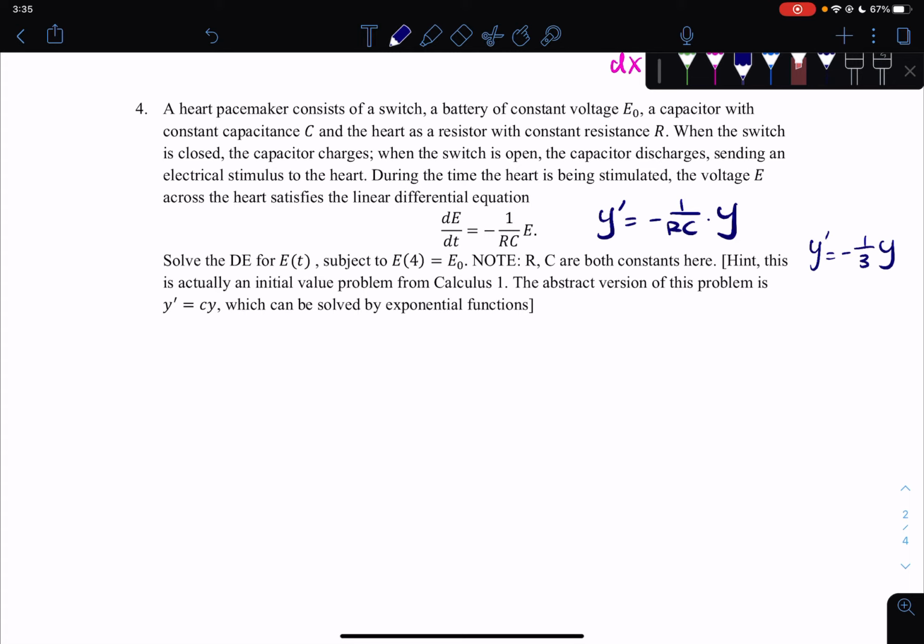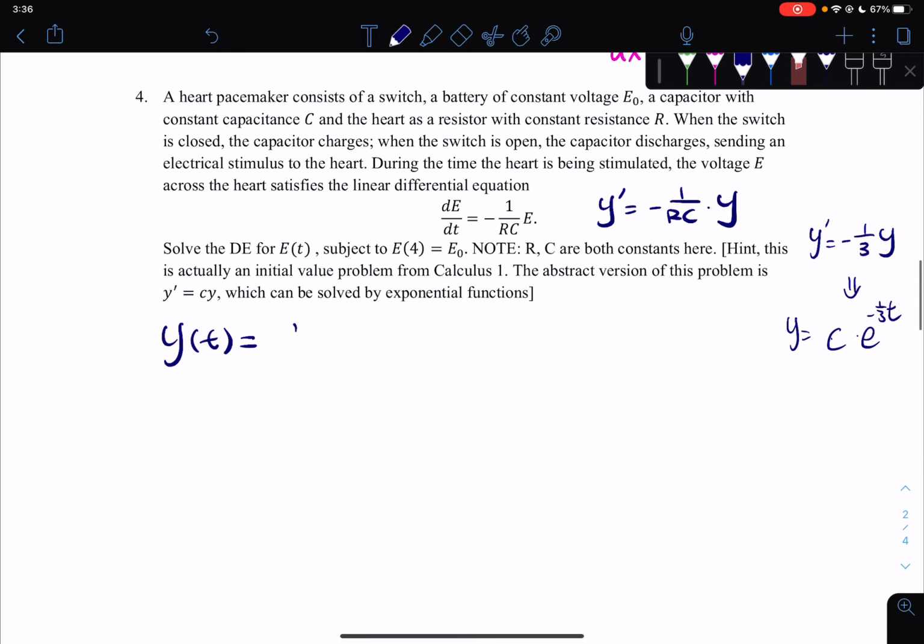So it's quite obvious for something that looks like that, the solution is going to be c times e to the power of negative 1/3 times t, if you can recall your calculus 1. So by observing something's derivative is itself with some kind of constant in front of it, it's quite obvious you can directly get the structure of a solution to be some kind of constant times e to the power of, maybe I should rename my constant because c is already used.